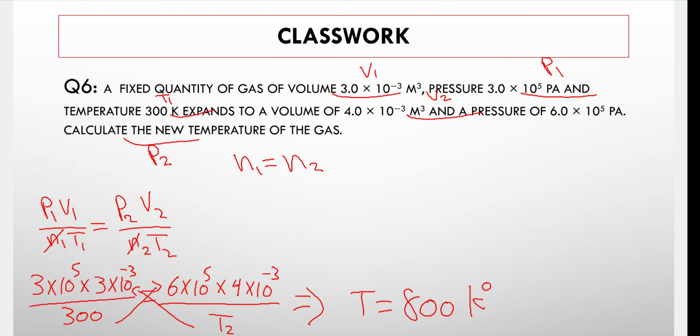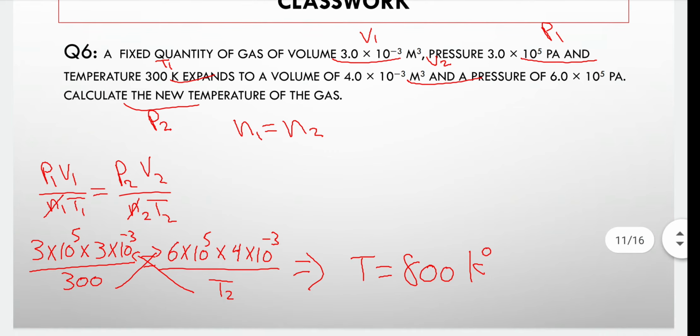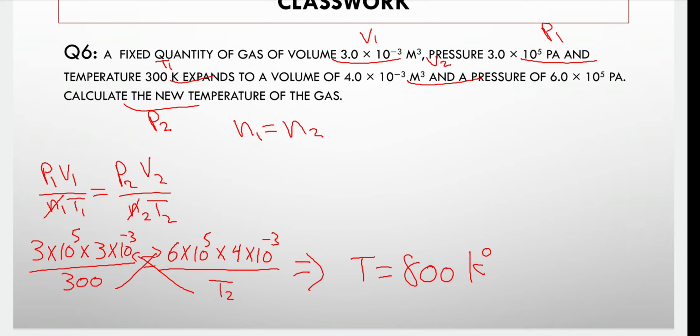This is P2. We have V1, P1, T1, and also V2, P2, and we are missing T2. He said a fixed quantity of the gas, which means the number of moles is constant, so n1 equals n2.